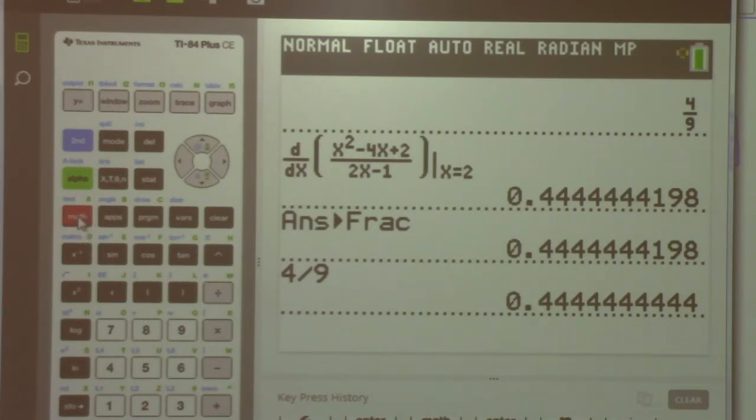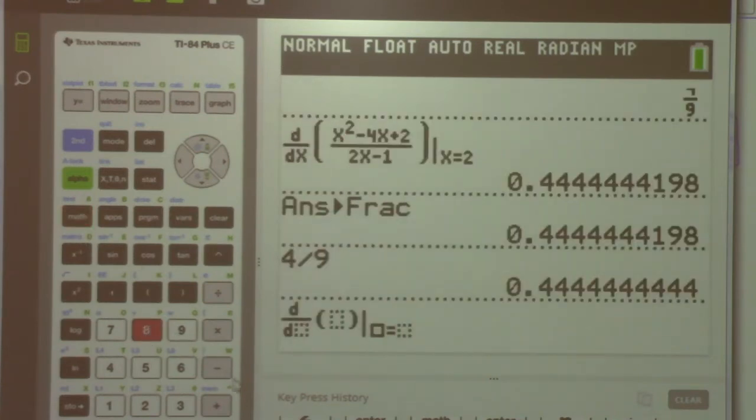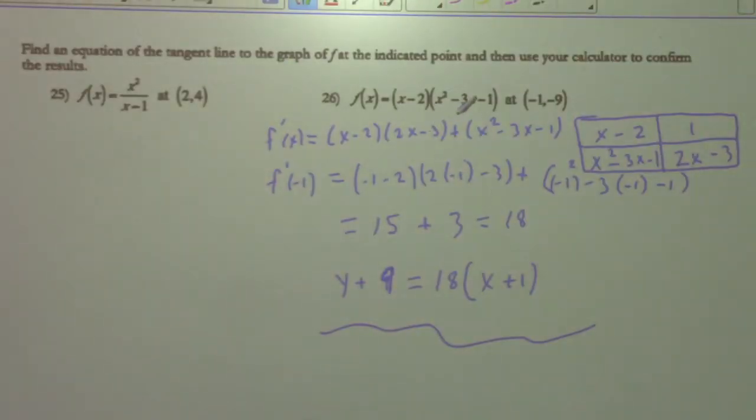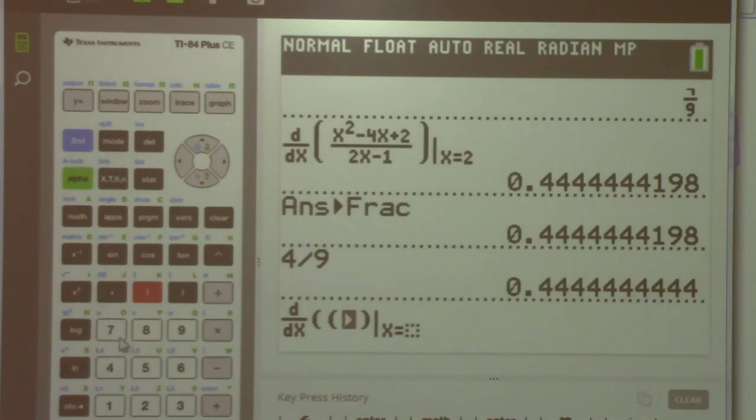So if we go to Math 8 and d/dx, we're going to put here, what did we say it was?